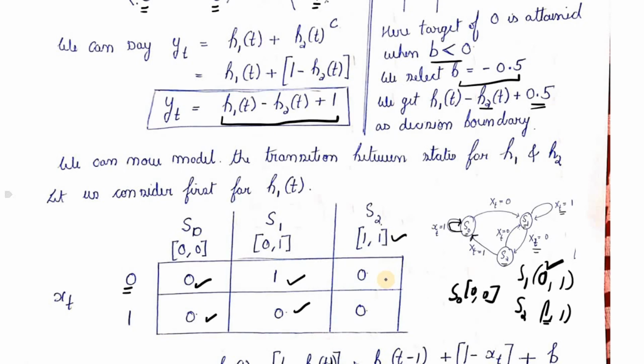We encounter a 0. We will be pushed back to S1. The value of S1 is 0 comma 1. The first value of S1 is 0. We write it over here. Likewise, if we are at S2, which is 1 comma 1, we encounter a 1 over here, and we are pushed back to S0. The first value of S0 is 0, which we write over here.